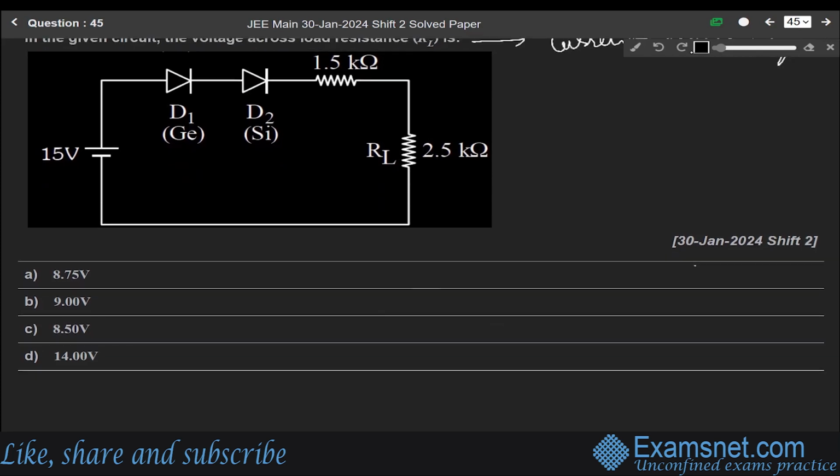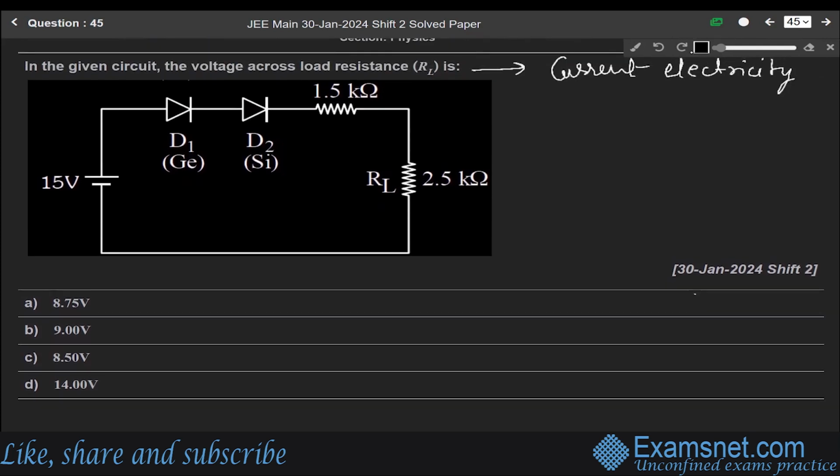Now, in this question, this is a diode made up of germanium, and this is a silicon diode made up of silicon. According to the NCERT books, the germanium diode's voltage is given as 0.2 volt, but when we Google it, its voltage is given as 0.3 volt.